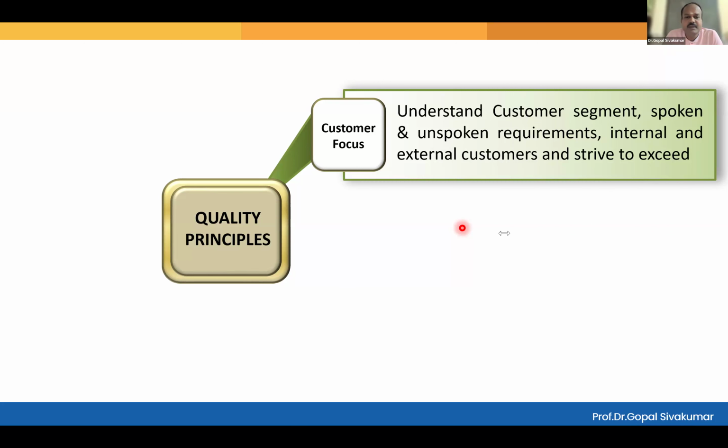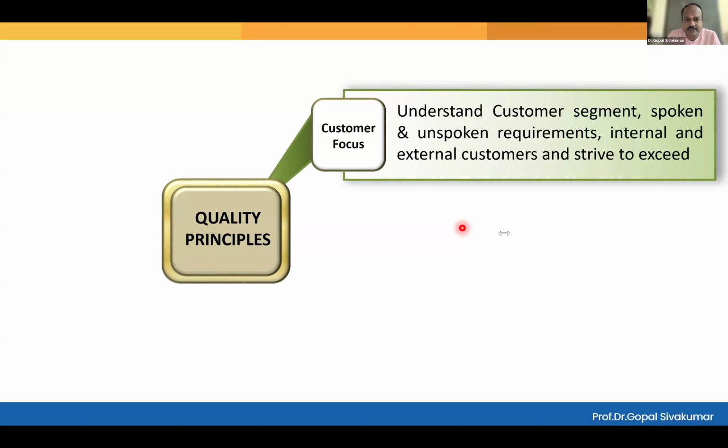You can't expect your customer to communicate everything. Customer definitely will communicate certain things. They are known as spoken requirement. But over and above, there will be a lot of unspoken requirement. Am I right? Yes. The unspoken requirements are known as expectations. So over and above the spoken requirement, the expectations have to be understood.